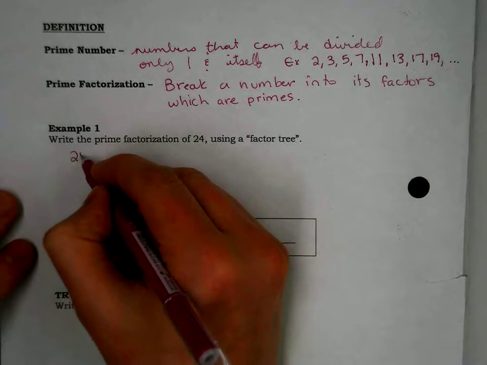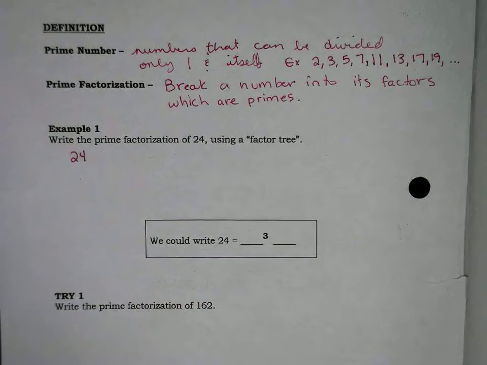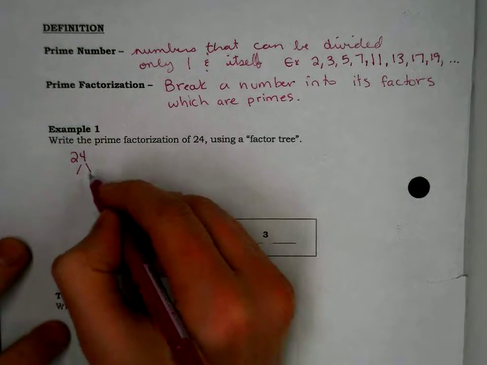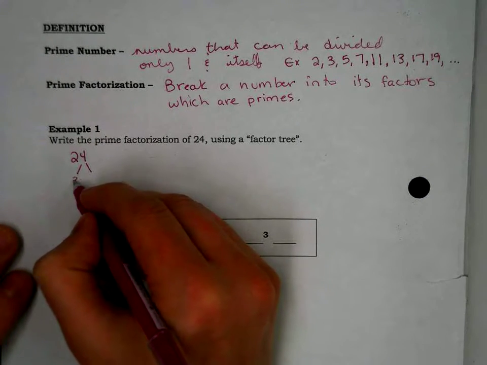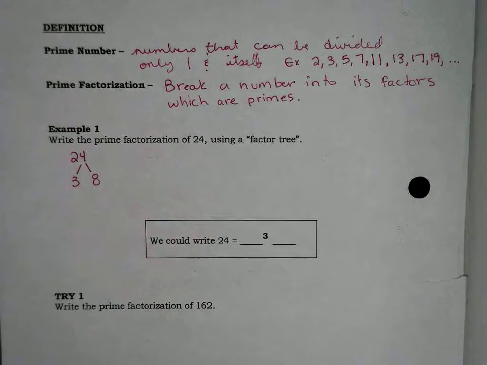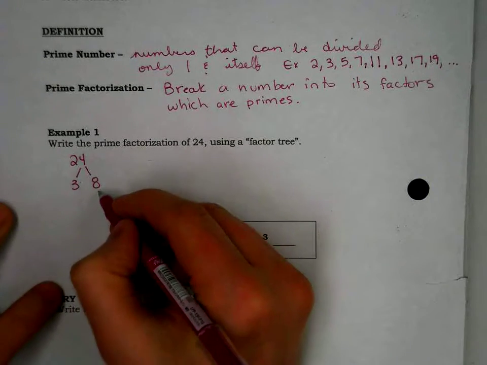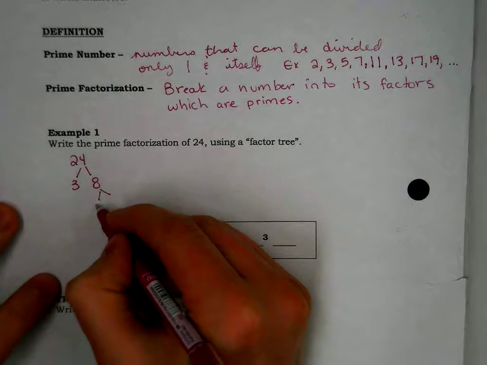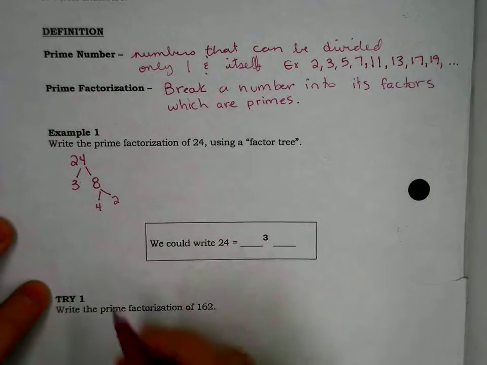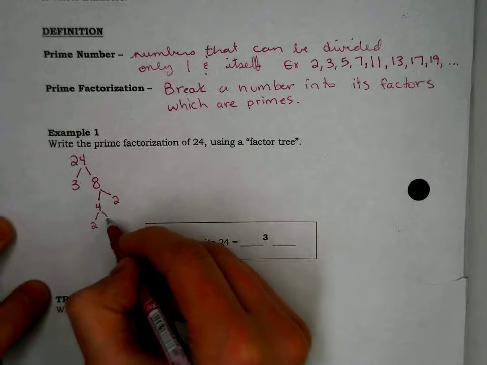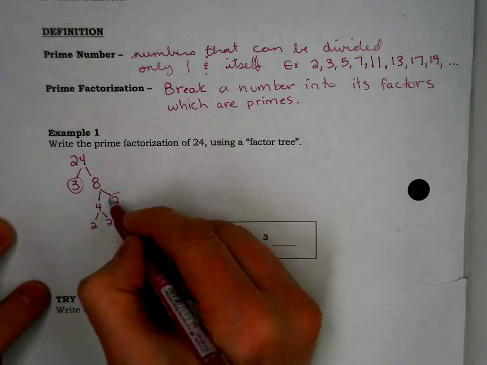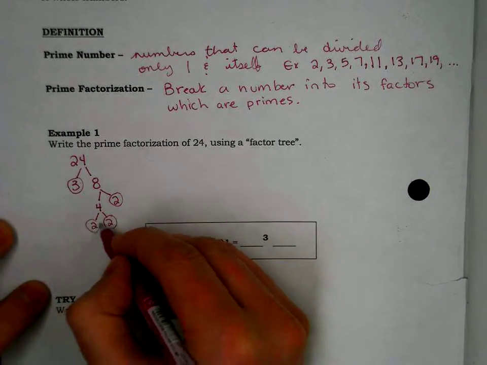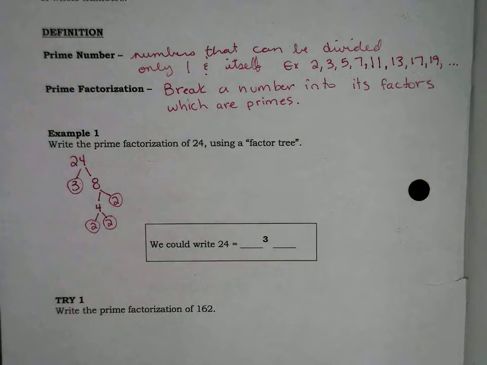So we're going to do something called a factor tree. 24 can be broken down into two numbers, and there's lots of choice. I'll start with a 3 and an 8. The number 8, though, can go a little bit further, maybe a 4 and a 2, and the 4 could go a little bit further into a 2 and a 2, and there's no further we can get because 3, 2, 2, and 2 are all prime.